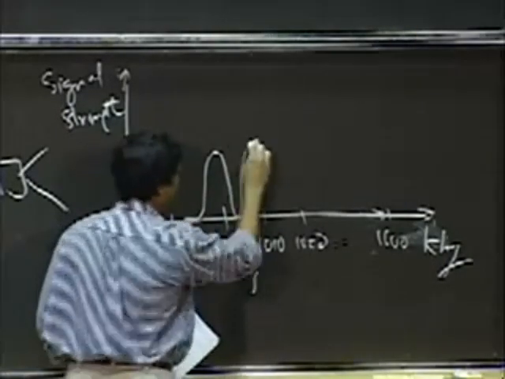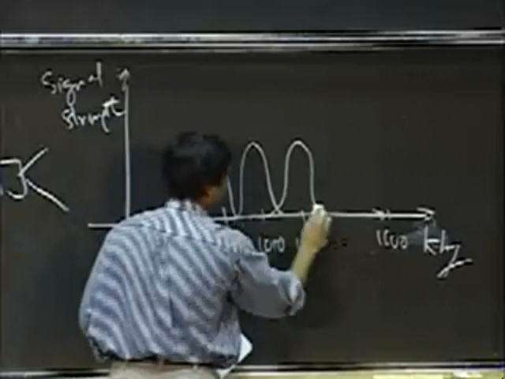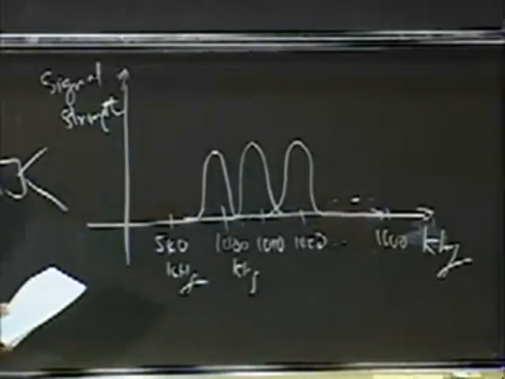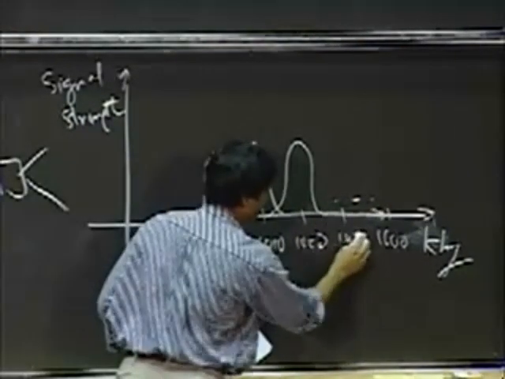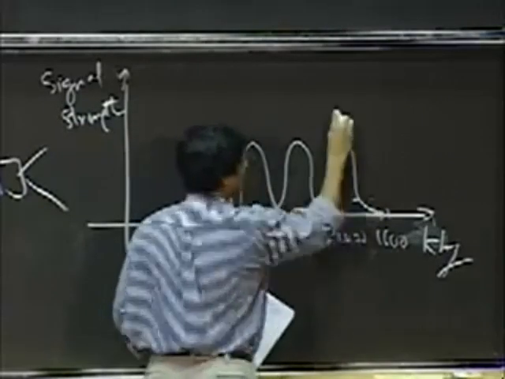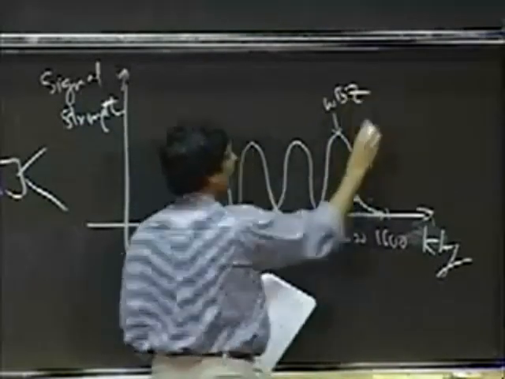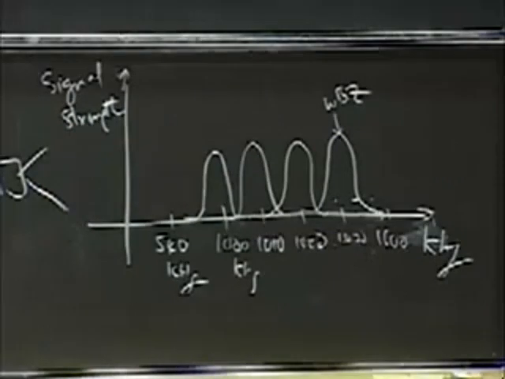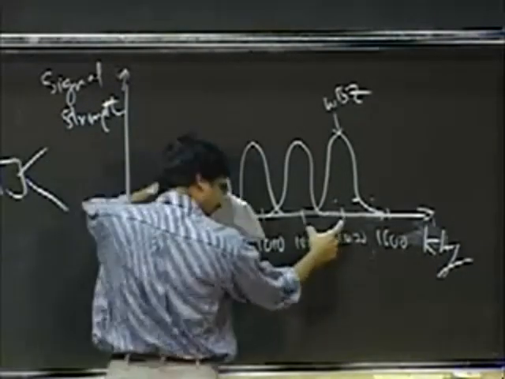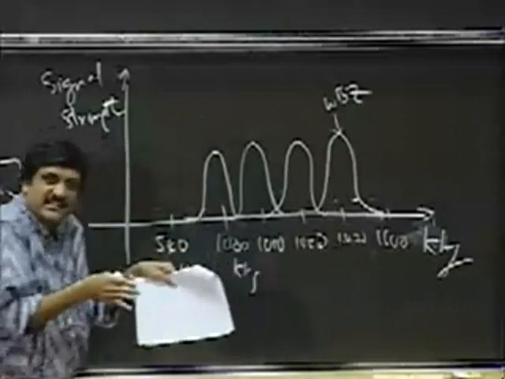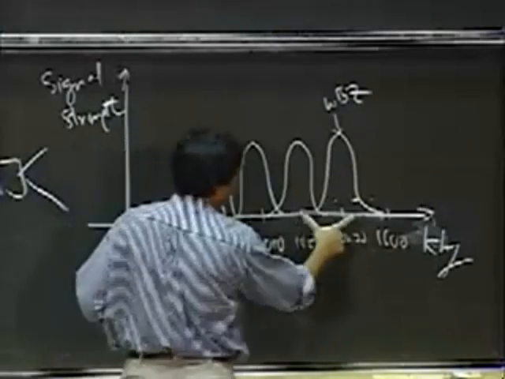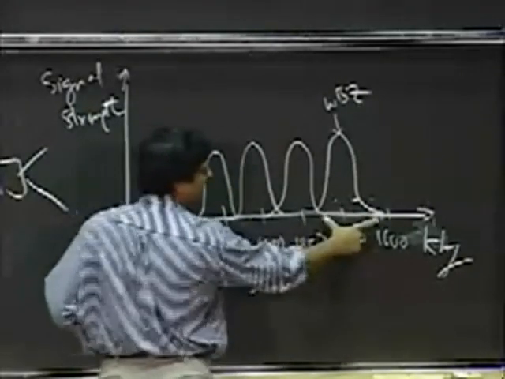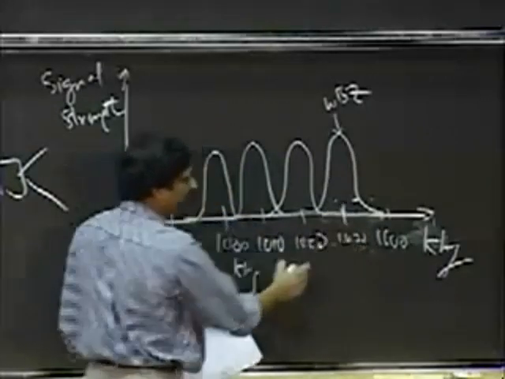This station transmits it here, this station transmits it here, and so on. Okay? So this is 1030. Okay, this guy is WBZ. WBZ News Radio 1030, for those of you who listen to it. So WBZ transmits in the 10 kilohertz around 1030.